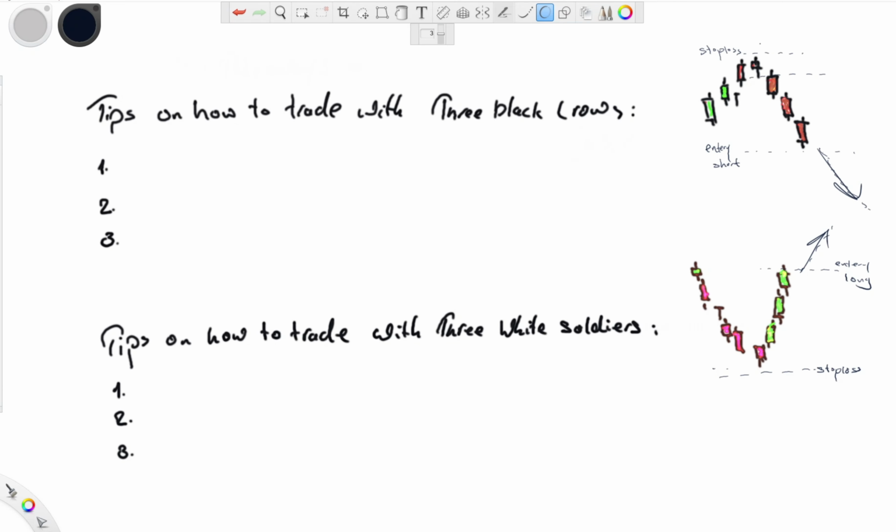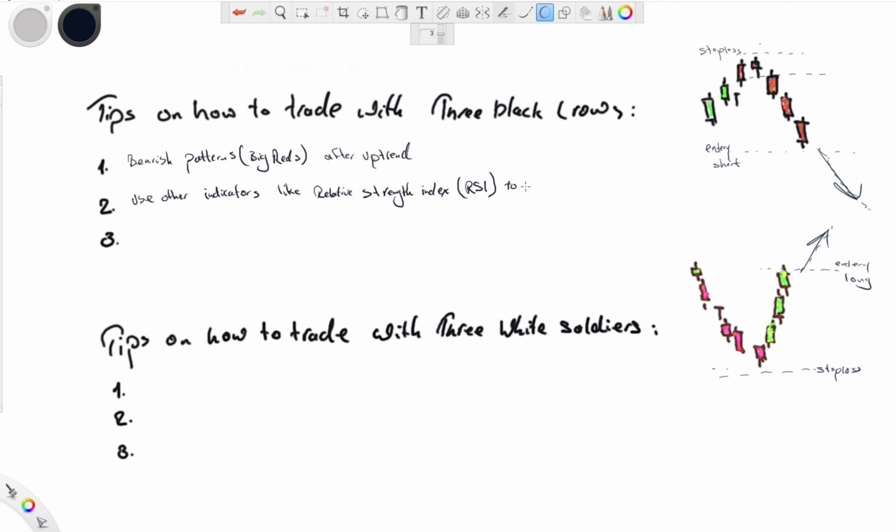Here is a summary of what we learned today about the three black crows pattern. It's a bearish pattern that shows the reversal from uptrend to downtrend and appears as three big red candles. Use other indicators such as the relative strength index, or RSI, to confirm the trend change, and don't use the three black crows pattern by itself.